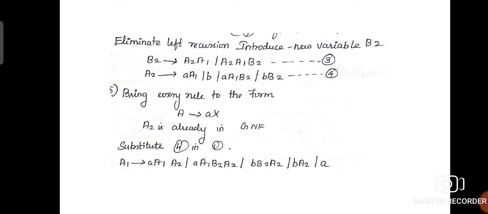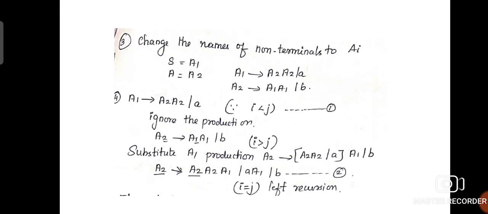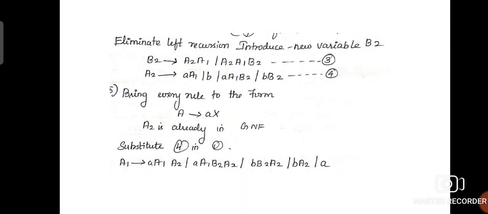So our A2 becomes A1 B. This is taken from the original right hand side of the production of A2. Now these two will again be added as extra productions along with B2. Now we have used the additional variable B2.